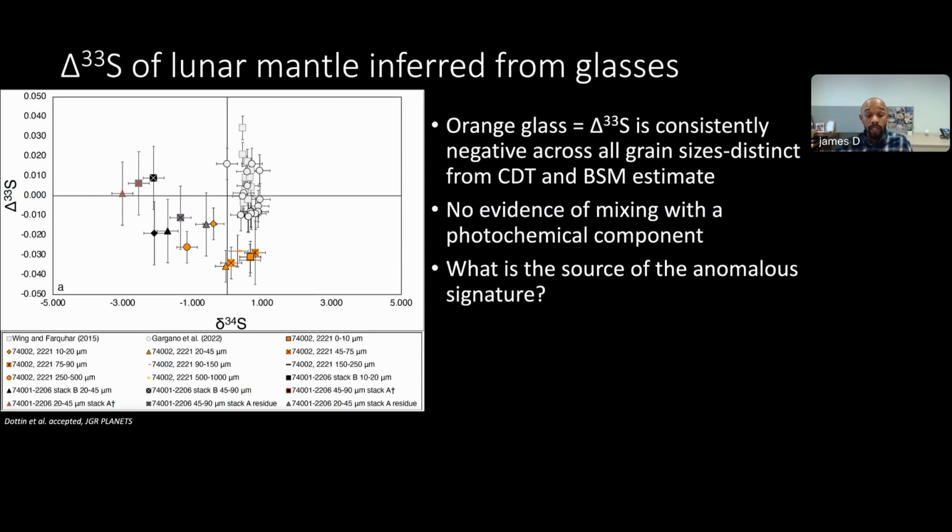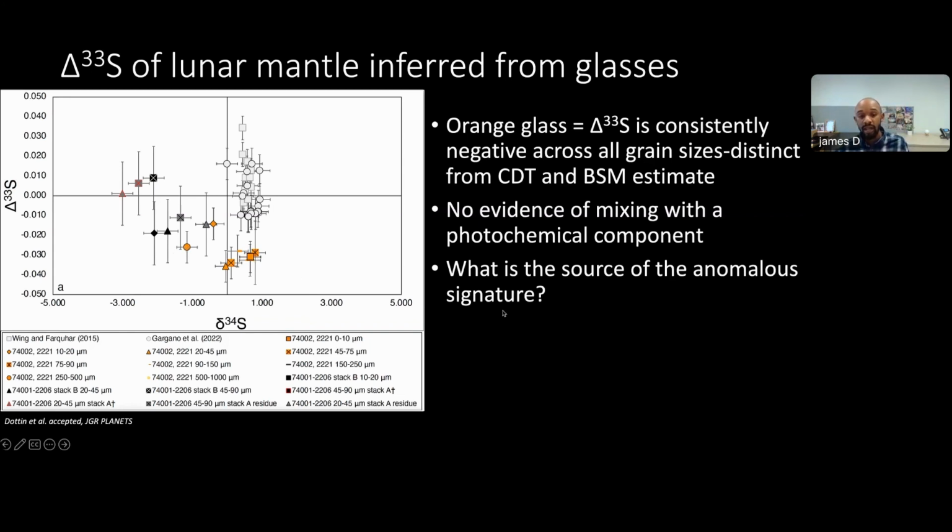However, when we look at the cap delta 33S composition of the orange glasses, what we find is that we see no difference between the cap delta 33S composition of the largest grains and the cap delta 33S composition of the smallest grains.